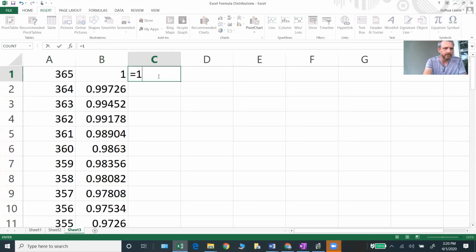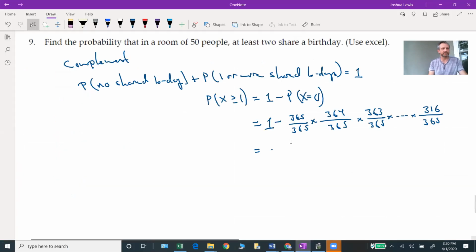And then I'm going to do 1 minus the product of B1 to B50. 0.97. Isn't that remarkable? If you get a group of 50 people together, 97% of the time there'll be at least 1 shared birthday. Okay.